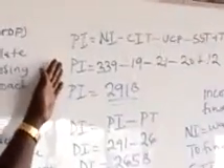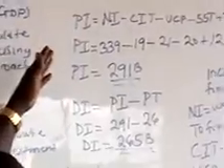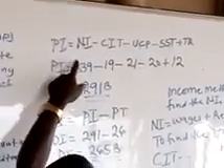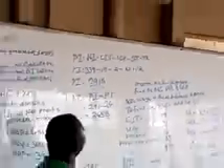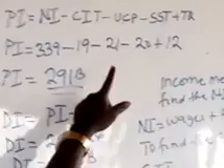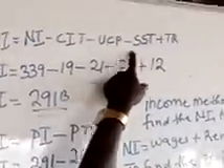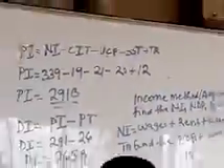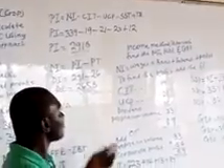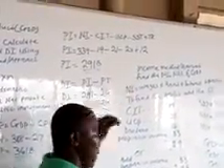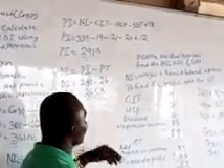From here now, we'll calculate the personal income. PI is equal to NI, which is the national income, minus the corporate income tax, CIT, minus UCP, undistributed corporate profit, minus social security tax. In other words, the social security tax, we can also call it social security contribution.